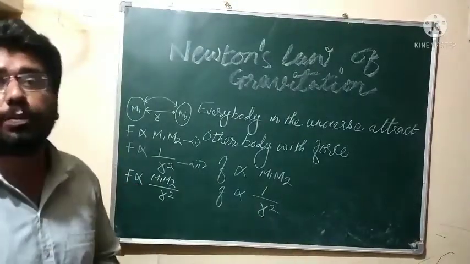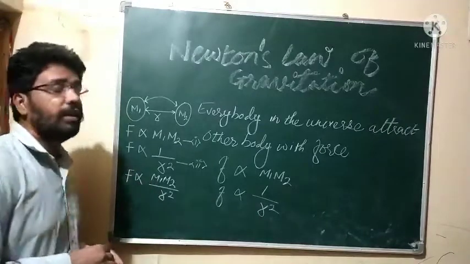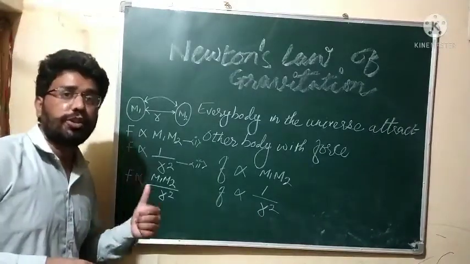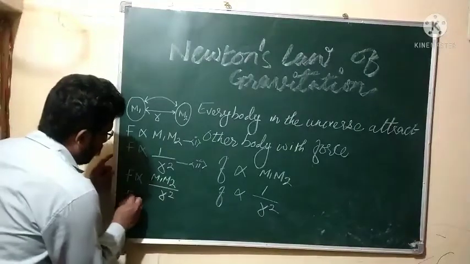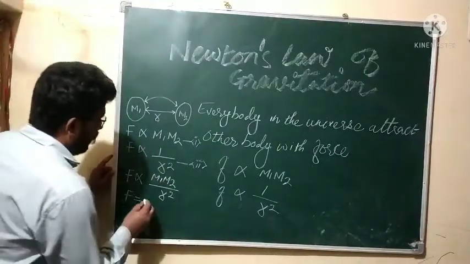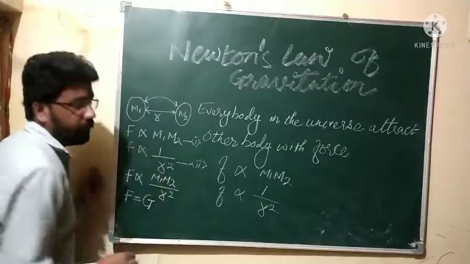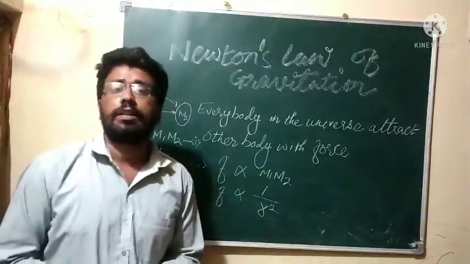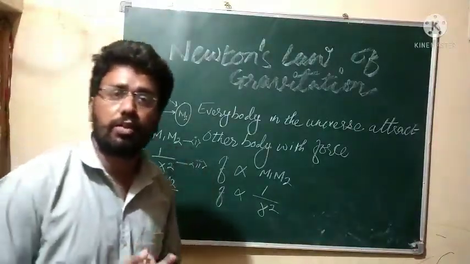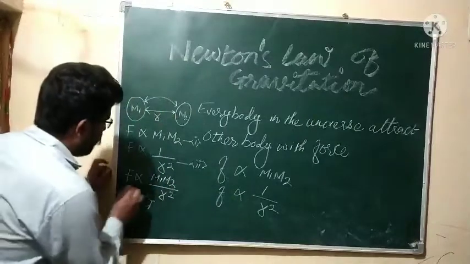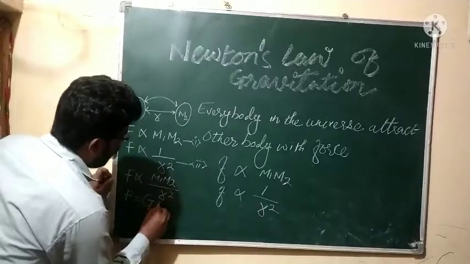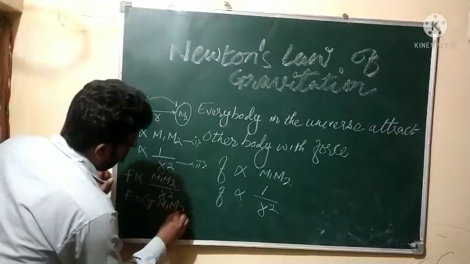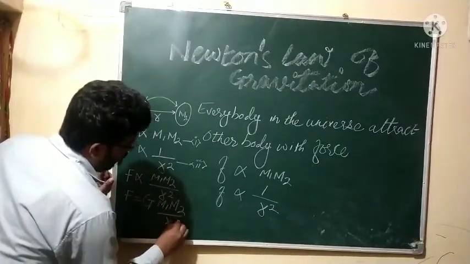If we want to remove this proportionality sign, then we have to put some constant of proportionality, which is G, and this G is called the universal gravitational constant. So this equation becomes F is equal to G into m1 into m2 upon r square.